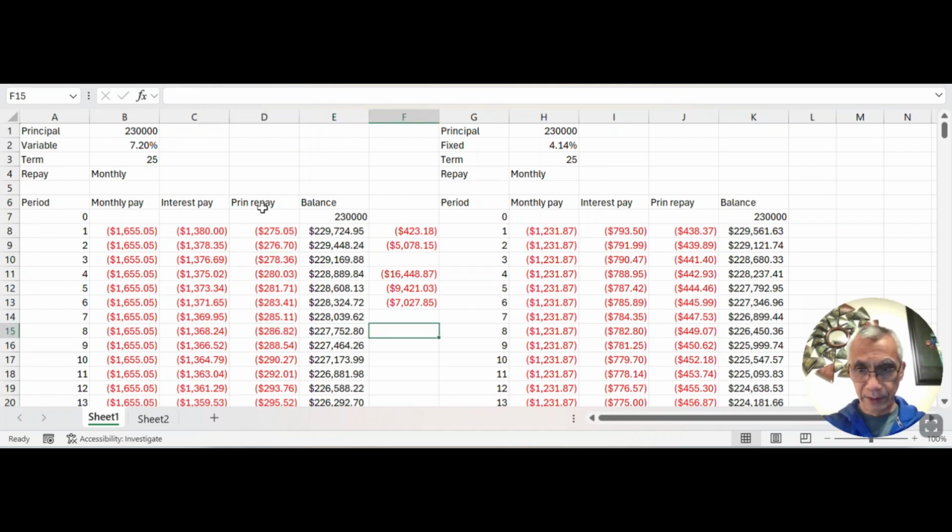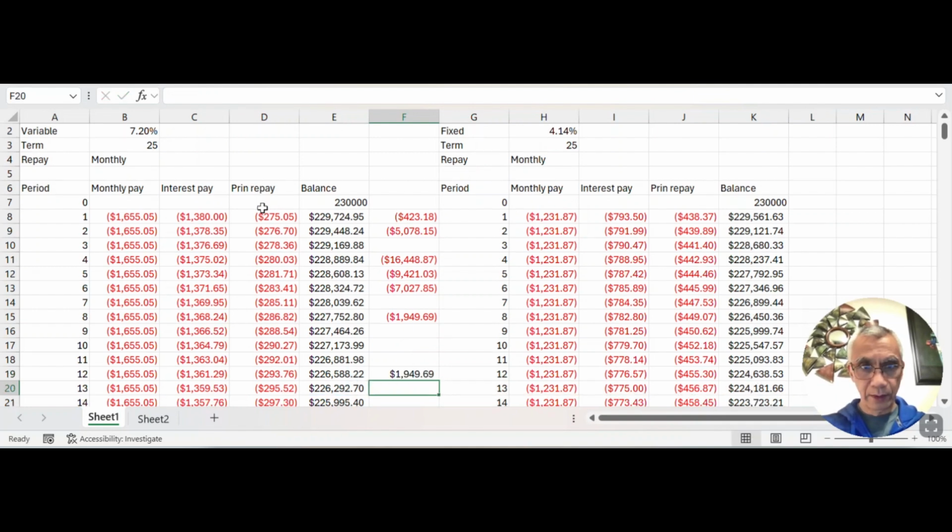So how much is that? And that should be the same if we check the ending balances in a year, right? So let's try that. Minus, is that in 1 year? Yeah, 1,948. 49, sorry.